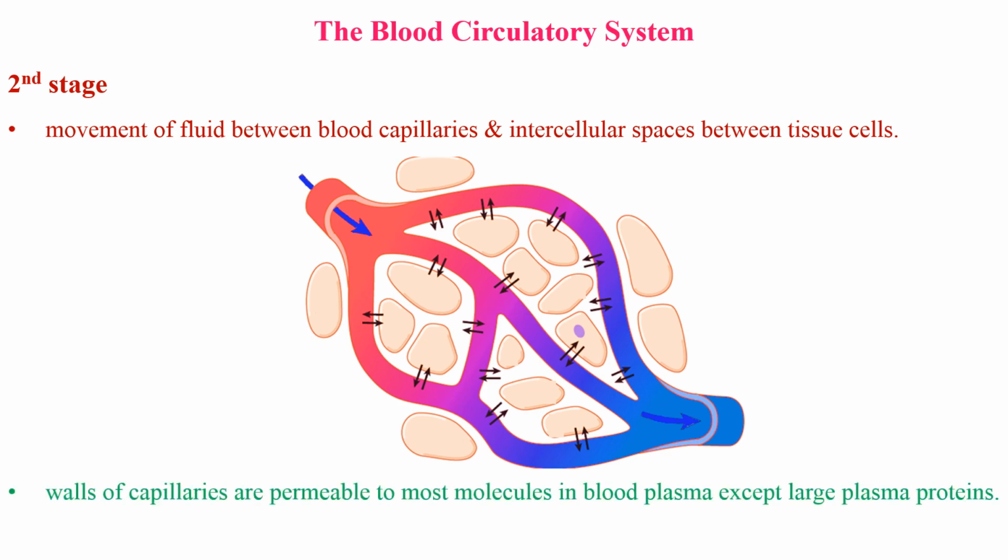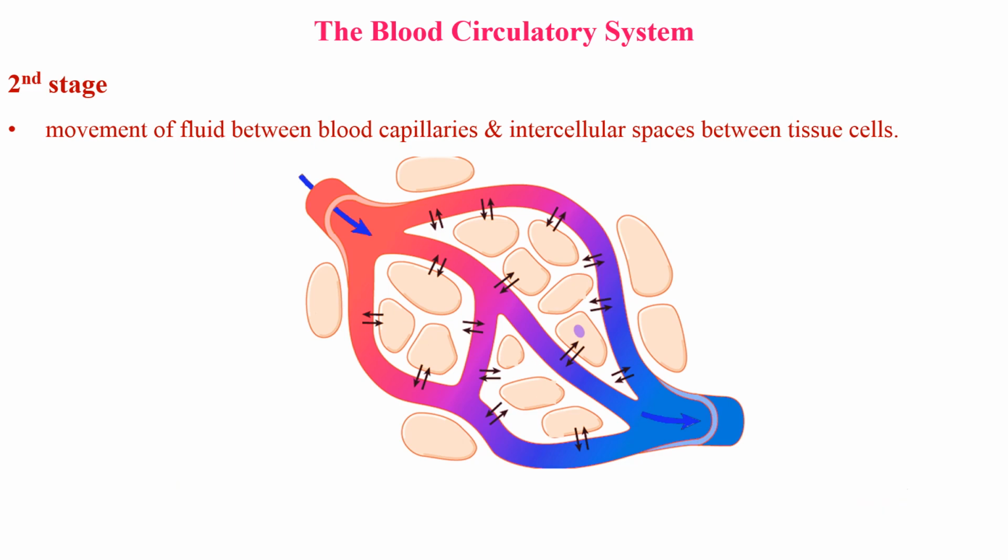The walls of capillaries are permeable to most molecules in blood plasma, except large plasma proteins. With the exception of plasma protein molecules, large amounts of fluid and its dissolved constituents diffuse back and forth between the blood and the tissue spaces, as represented by the arrows over here.